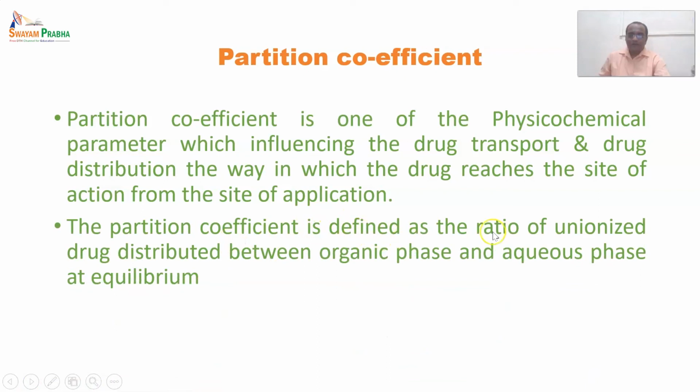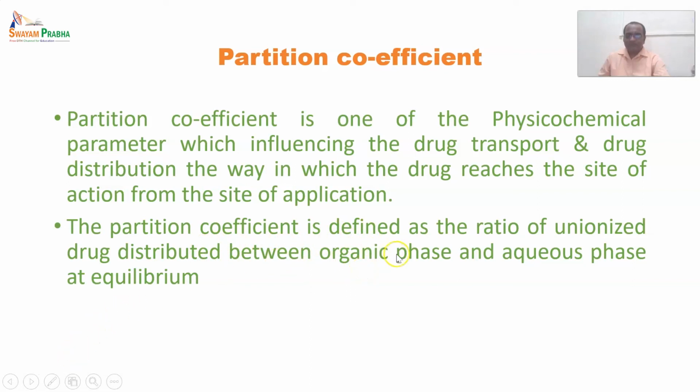Partition coefficient is defined as the ratio of unionized drug distributed between organic phase and aqueous phase at equilibrium. So organic phase and aqueous phase, because the body has a complex structure. To enter the lipid bilayer, the molecule should be in unionized form, and to get absorbed, it should be in ionized form.